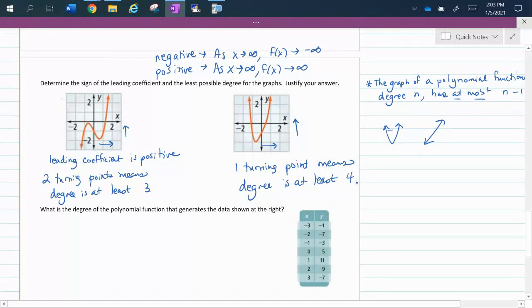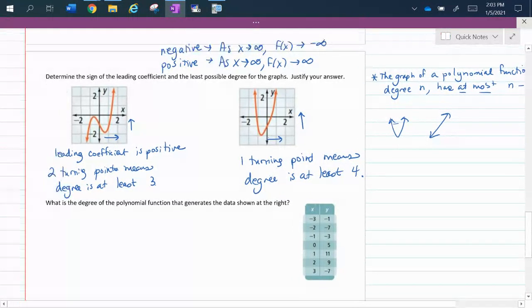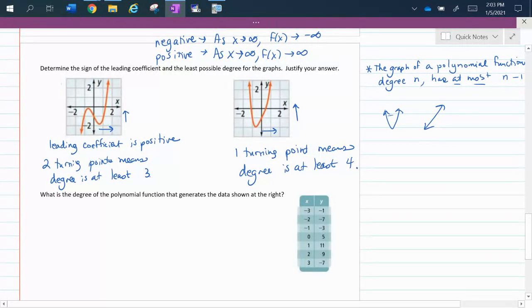How do I know it's 4 and not 3? Because of one more thing, and then we'll stop. The end behaviors also determine whether the degree is odd or even. If my end behaviors are different, then the degree will be odd.